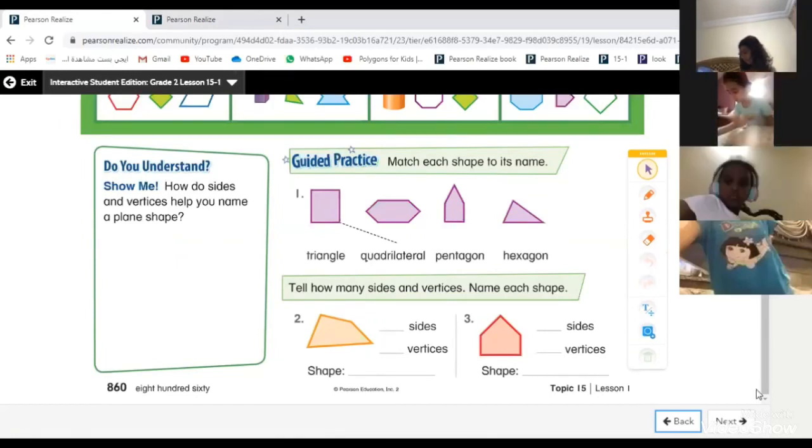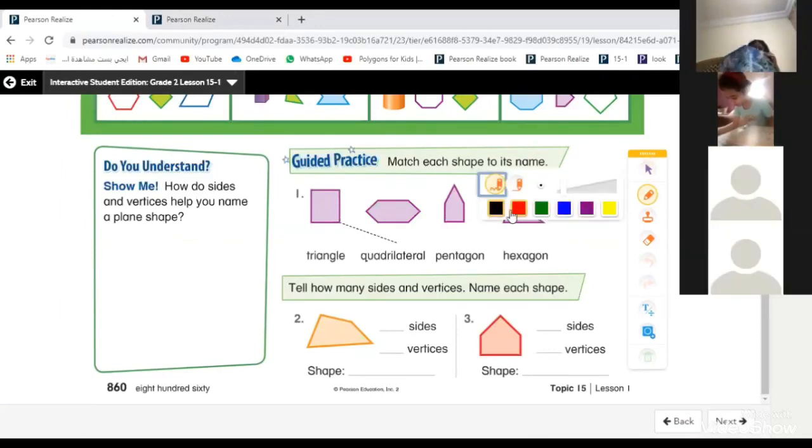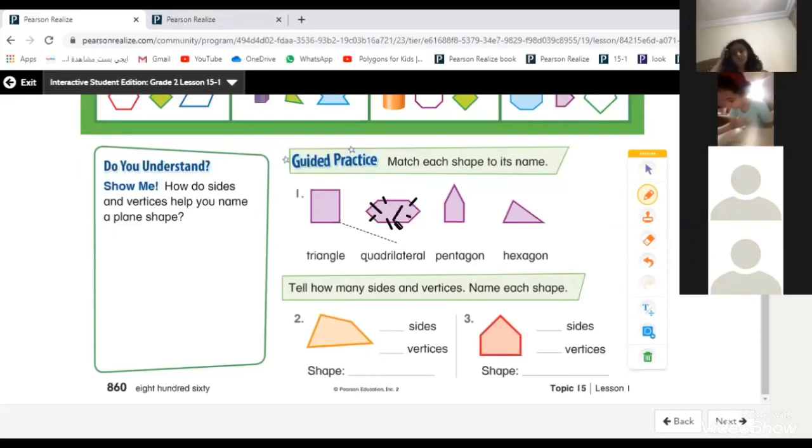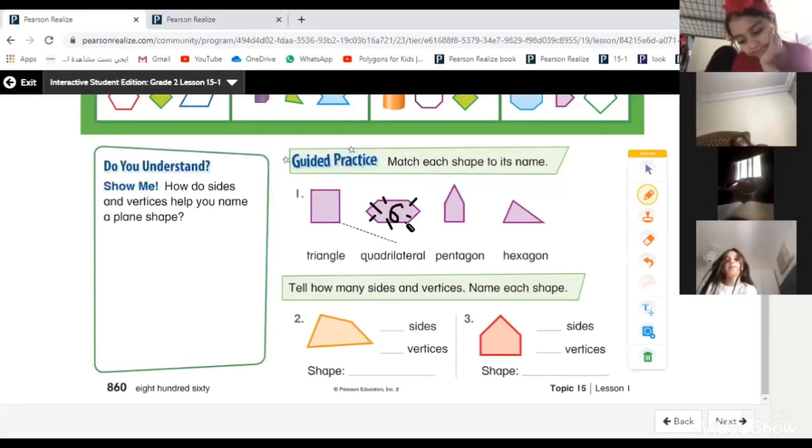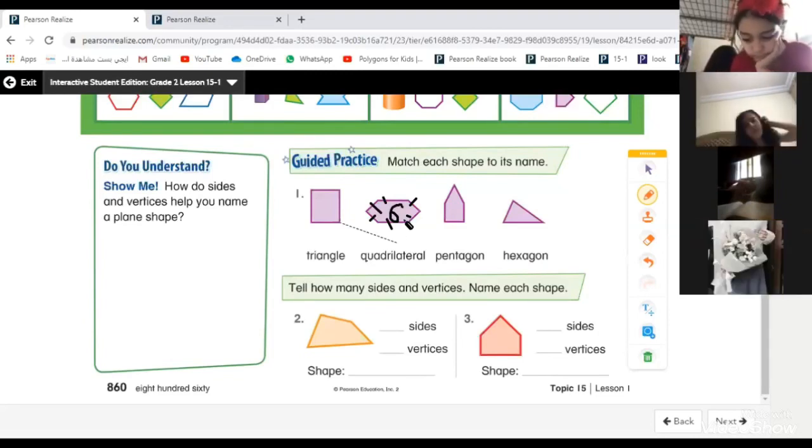Number 1. Are you with me? Count here. 1, 2, 3, 4, 5, 6. It has 6 sides. What is this shape named? 6 sides.